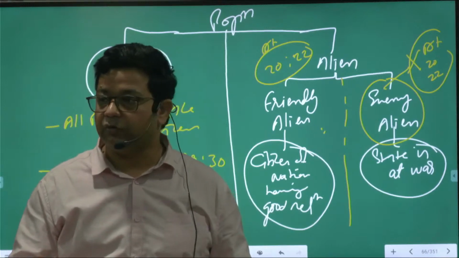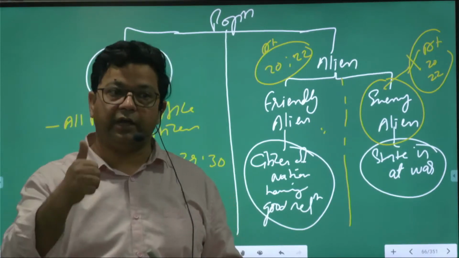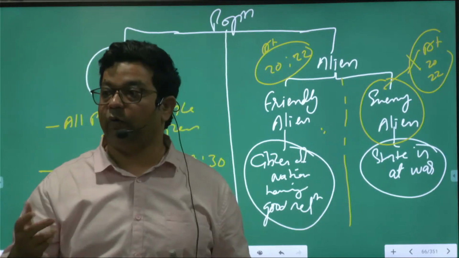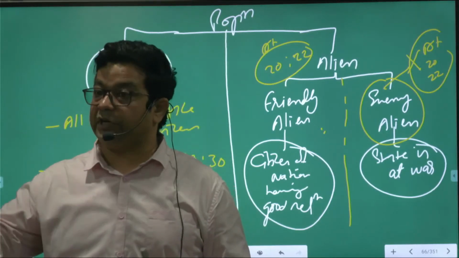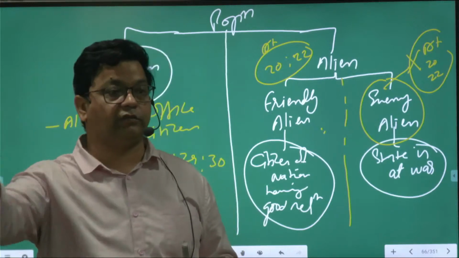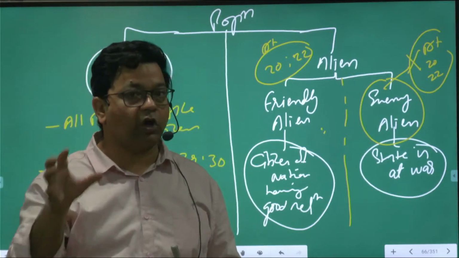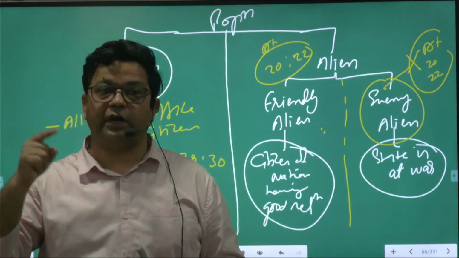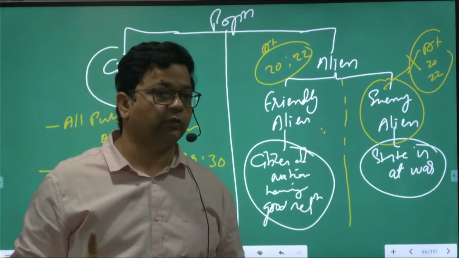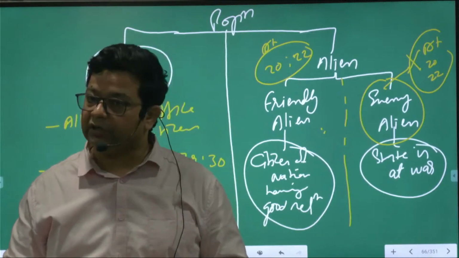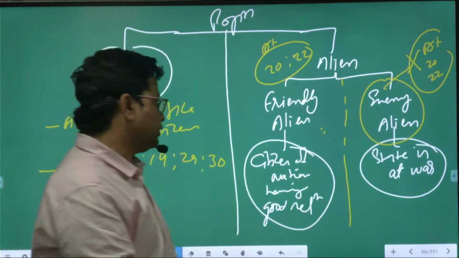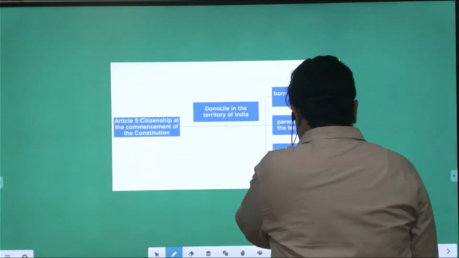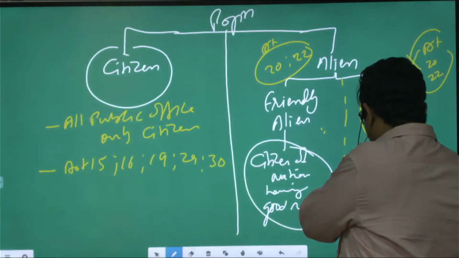It has nothing to do with how you can acquire citizenship or how your citizenship is lost, or what is the status of any person after the commencement of the Constitution. All this power has been left to the Parliament through Article 11. Am I clear, yes or no? Is it clear? Okay, so now let's move to the constitutional provisions.